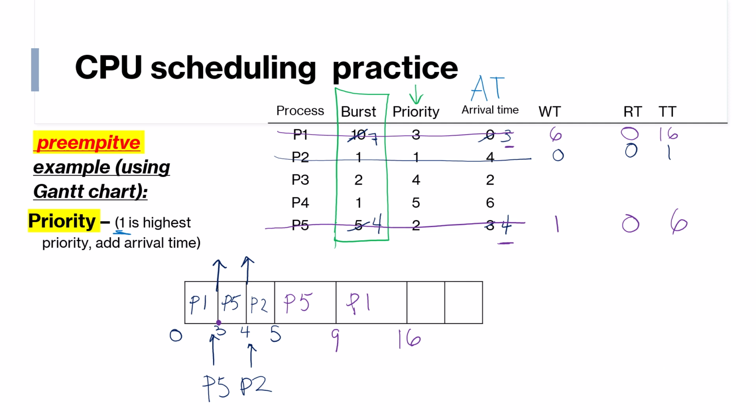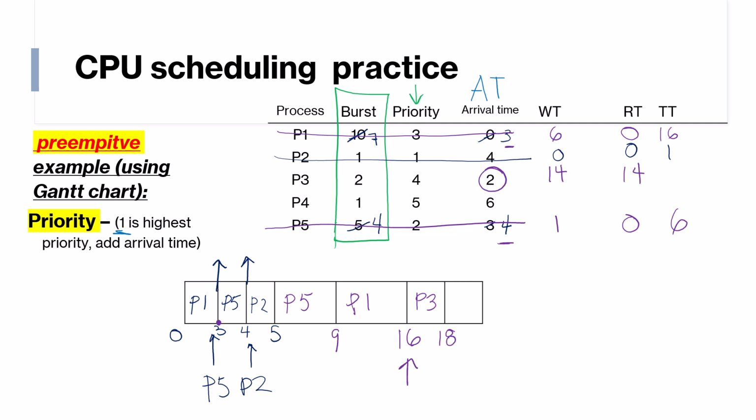Now the next priority is P3. P3 has a CPU burst of 2. P3 arrived at time 2 and had to wait until time 16 to get the CPU. So the response time for P3 is 14. P3 did not have to wait again, so it only waited once, so it's 14.